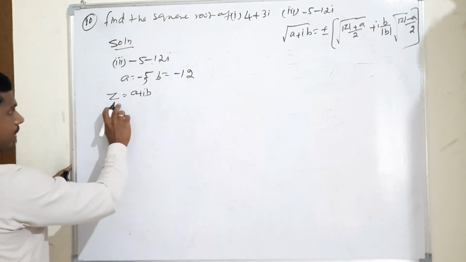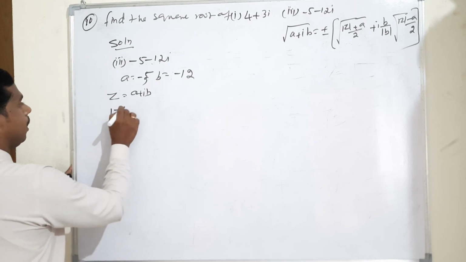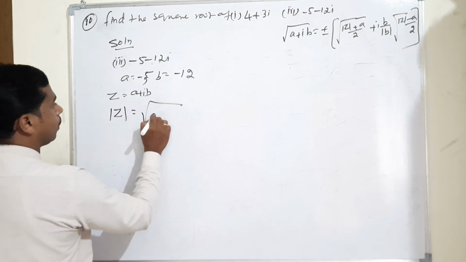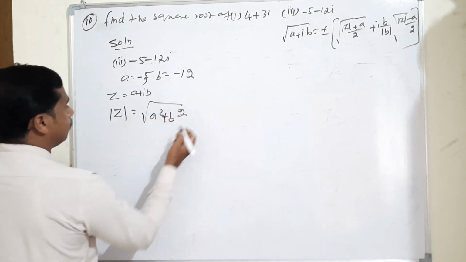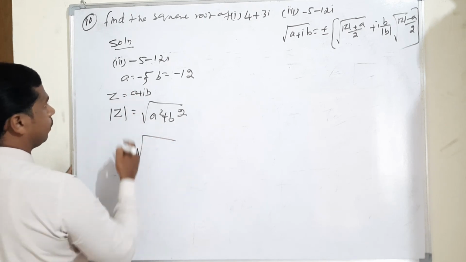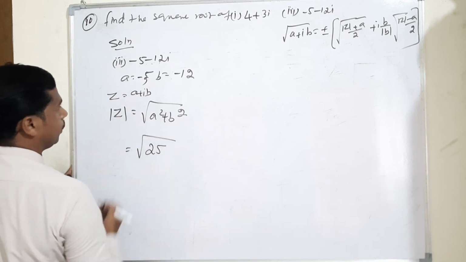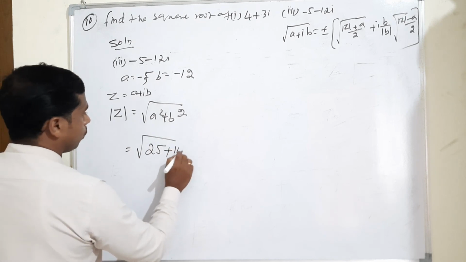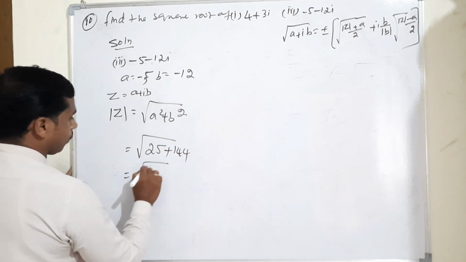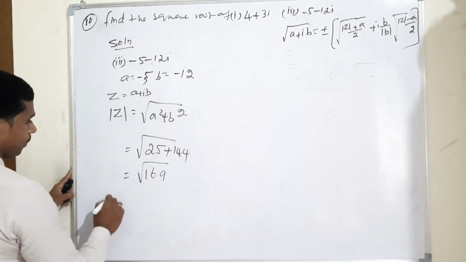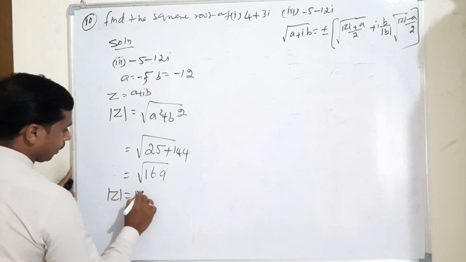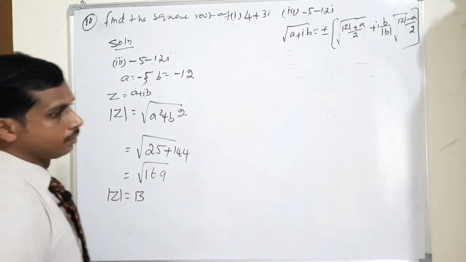The same concept: z is equal to a plus ib, so modulus of z is equal to square root of a square plus b square. Therefore a square is minus 5 the whole square, which means 25, and 12 square means 144. Therefore root of 169, a perfect square, 13, no? So modulus z is equal to 13.